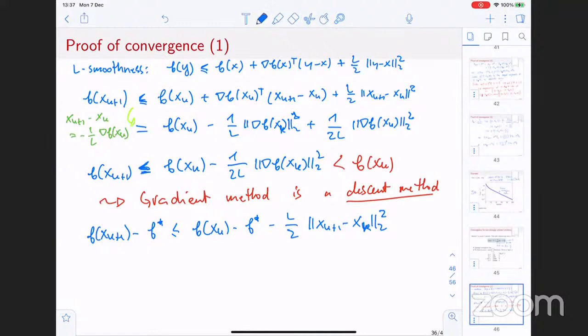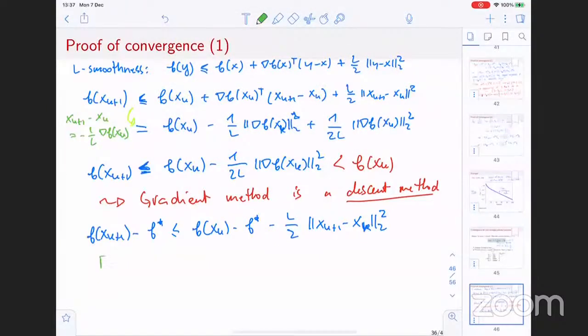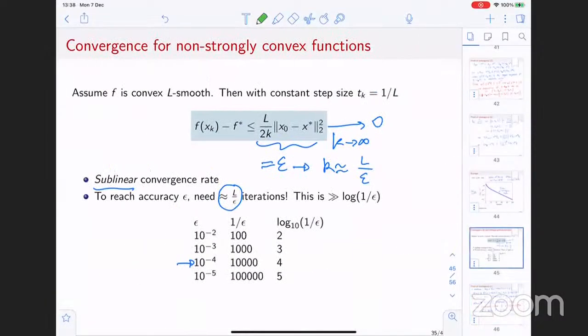Now let's use another fact of convexity. By convexity of f, I know that f at x star is bigger than f at xk plus the gradient of f at xk transpose times x star minus xk.